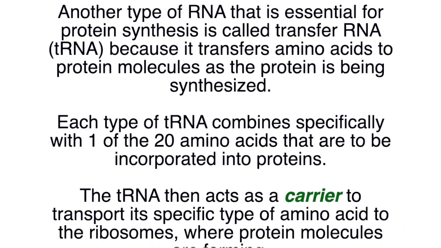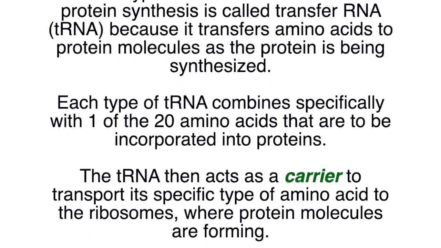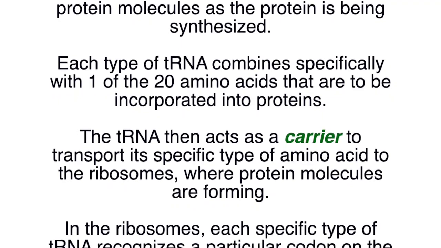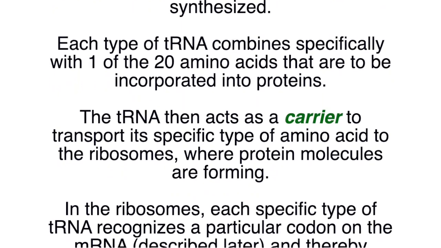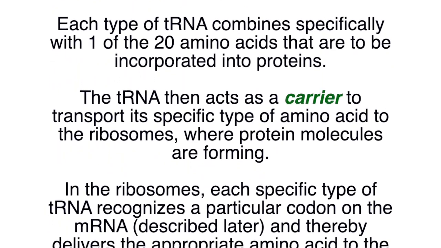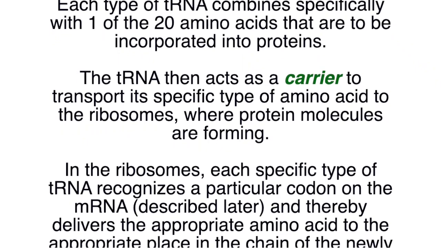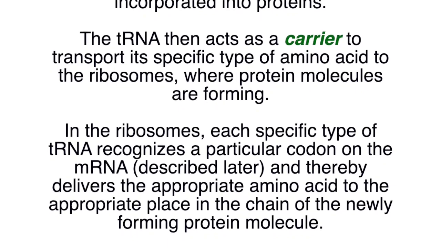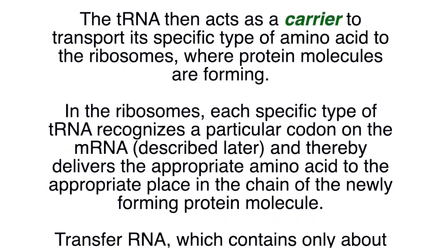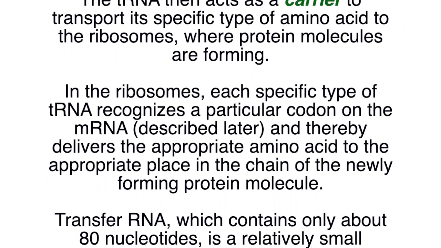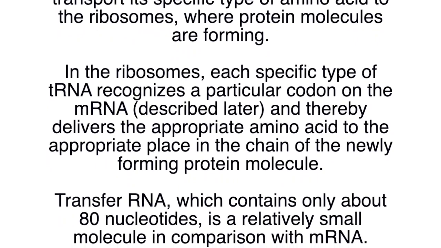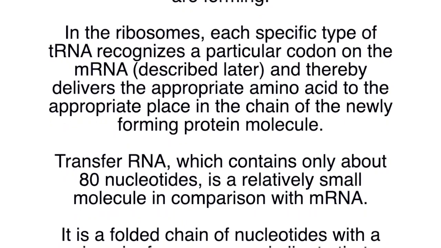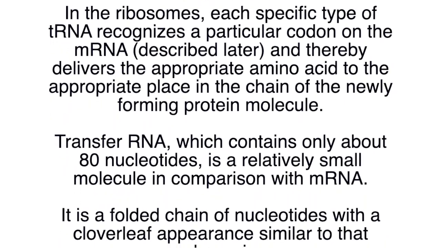The tRNA then acts as a carrier to transport its specific type of amino acid to the ribosomes, where protein molecules are forming. In the ribosomes, each specific type of tRNA recognizes a particular codon on the mRNA, described later, and thereby delivers the appropriate amino acid to the appropriate place in the chain of the newly forming protein molecule.